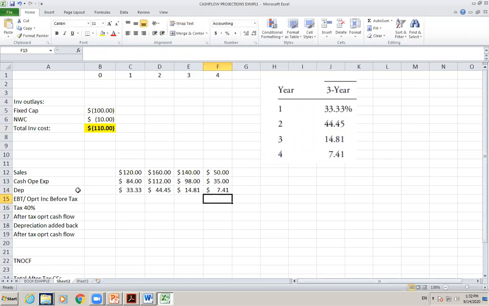So this is the depreciation that we calculate. Our EBIT, earnings before tax, is the easiest part: 120 minus cost minus this. We get it, okay?